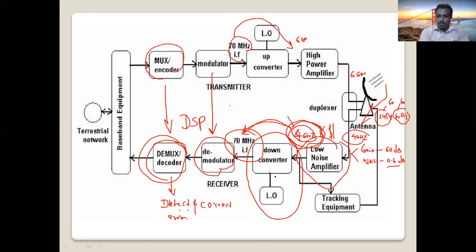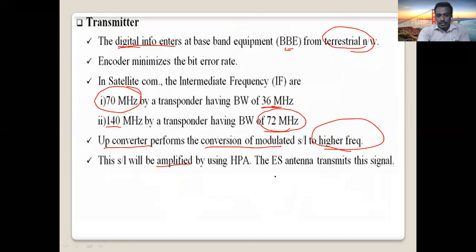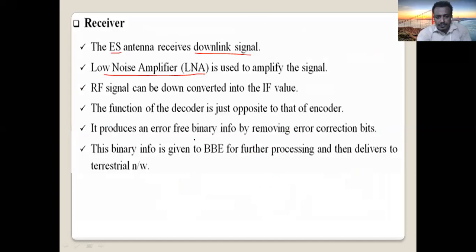Why do we need to down convert it? Because here the RF signal which comes from the antenna is now down converted into IF, which means the 4 gigahertz downlink signal is down converted into a 70 megahertz IF signal.